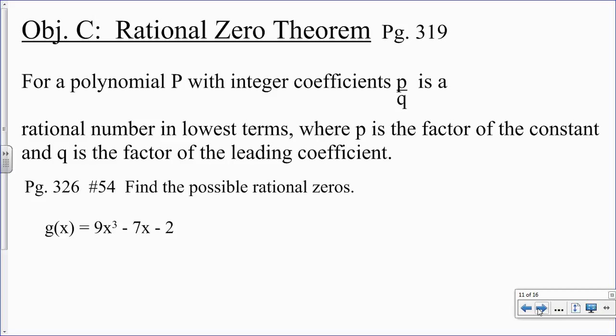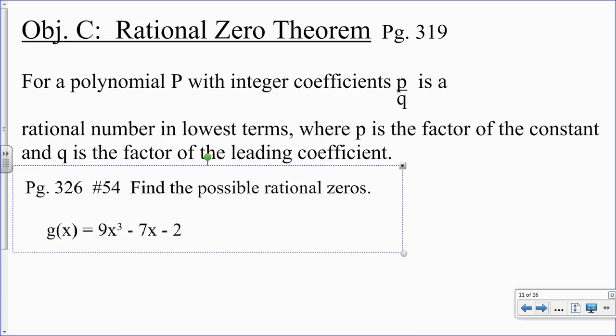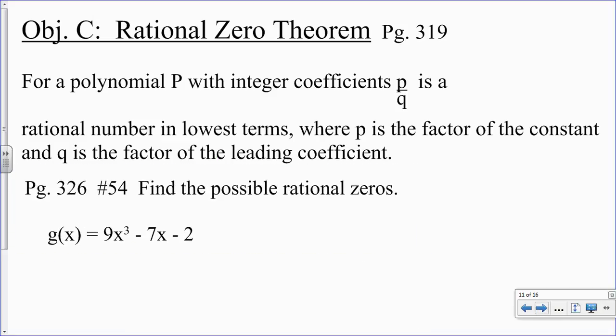Okay, so I want to just list the possible rational zeros. So P are the factors of the constant. Q are the factors of the leading coefficient.